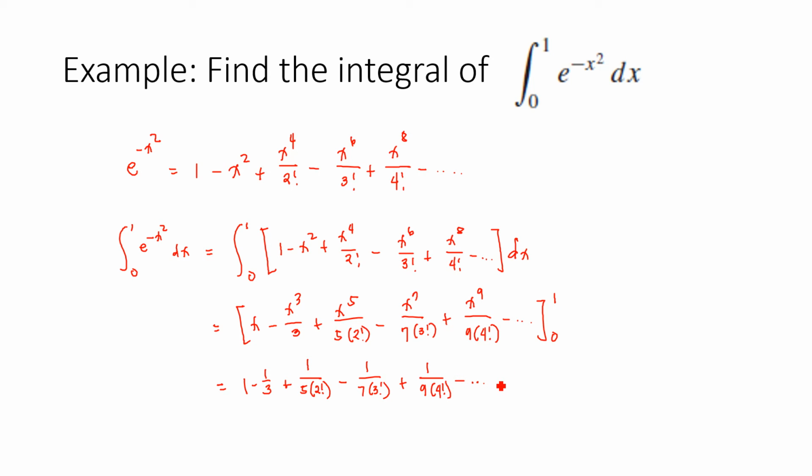Okay, and if we are going to simplify that one from the previous discussion that we had, this series is just equal to the summation of the quantity negative 1 raised to k over the quantity 2k plus 1 times k factorial from 0 to infinity. Okay, so we have now the integral.